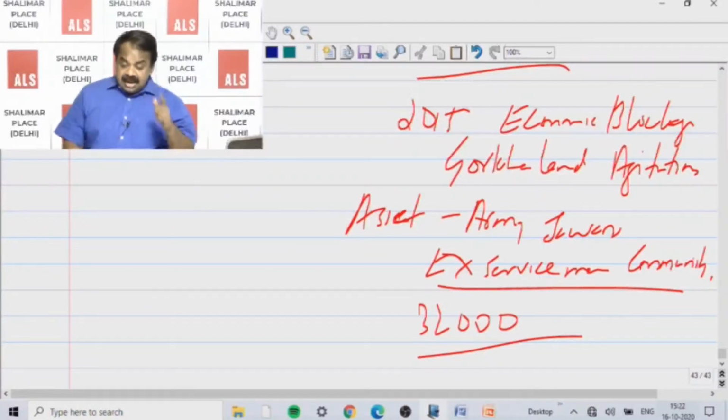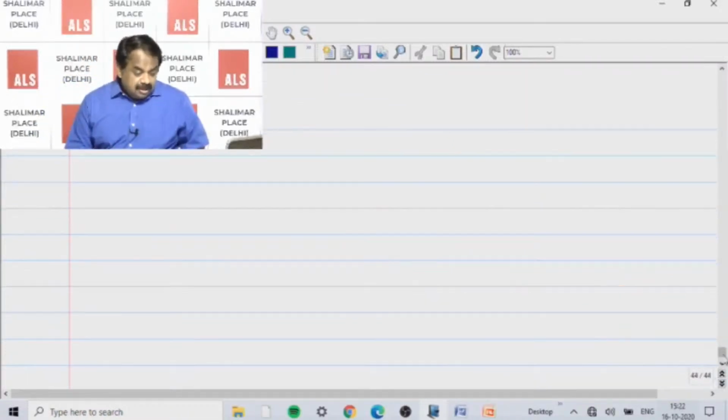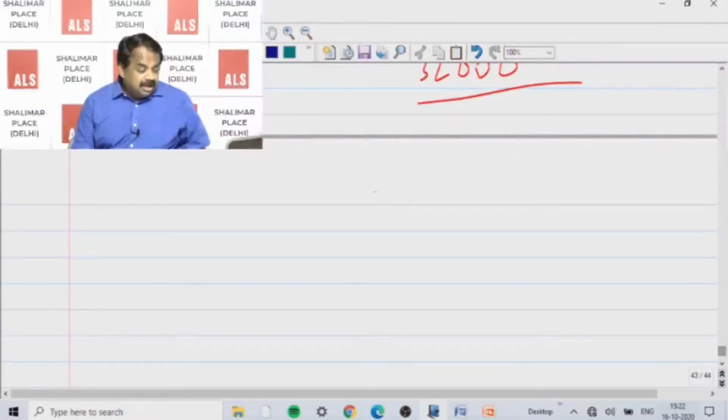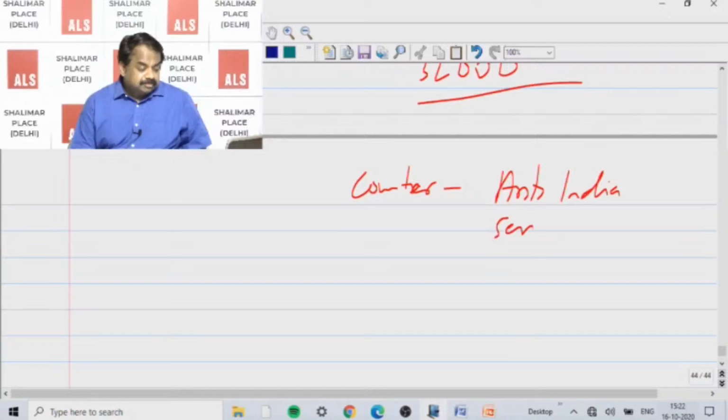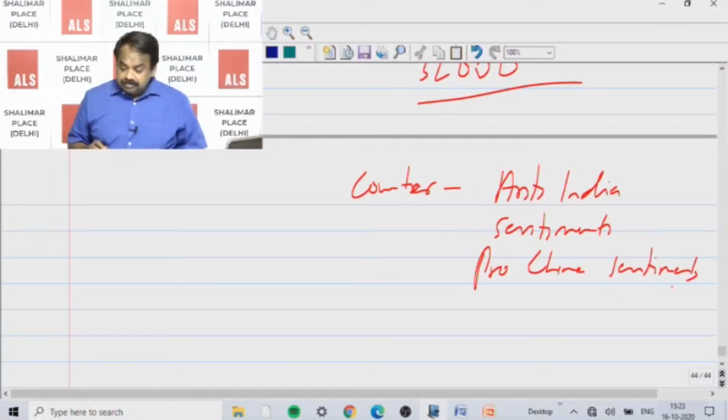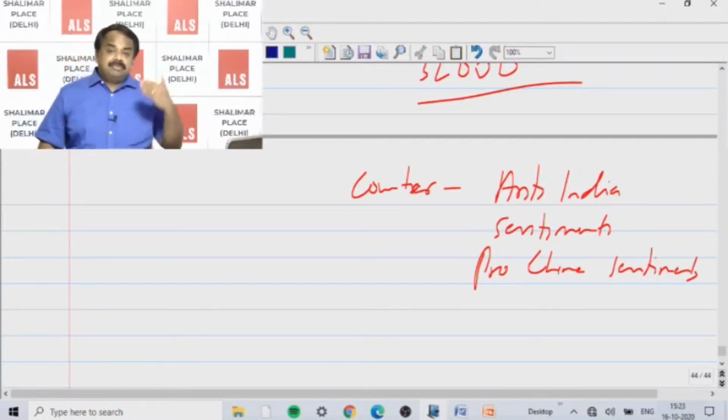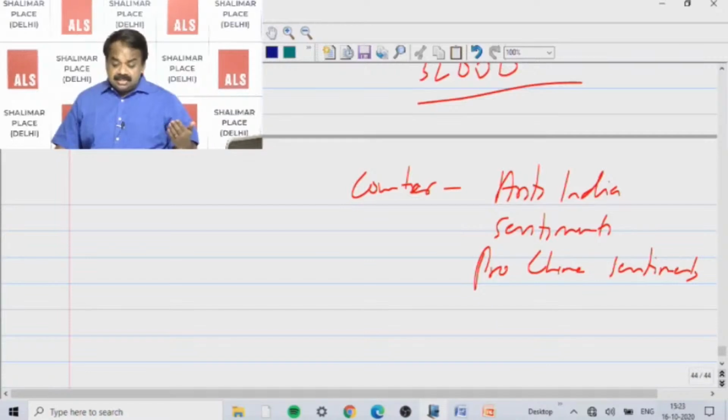It can act as a counter against anti-India sentiments and pro-China sentiments, and against any left-leaning government also.